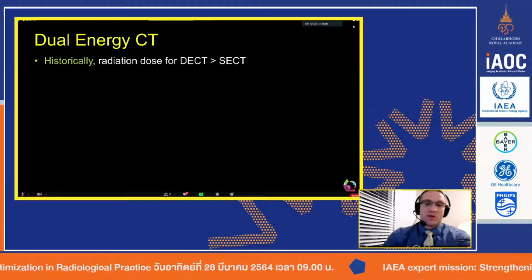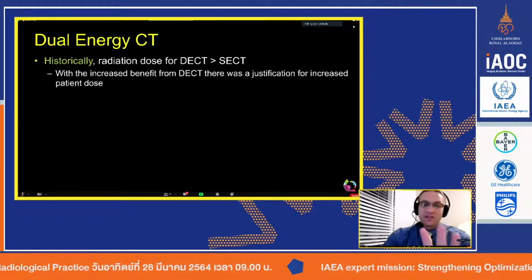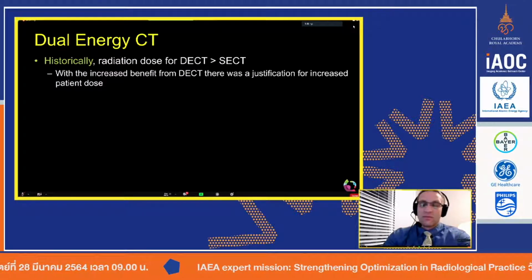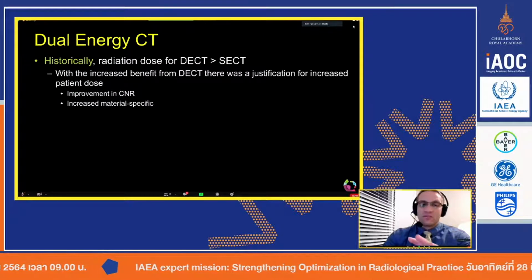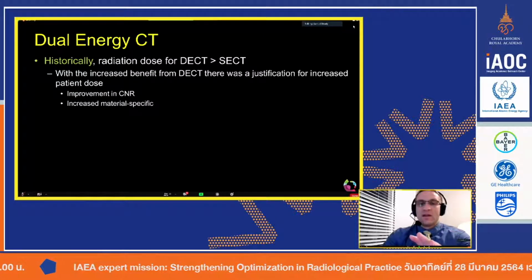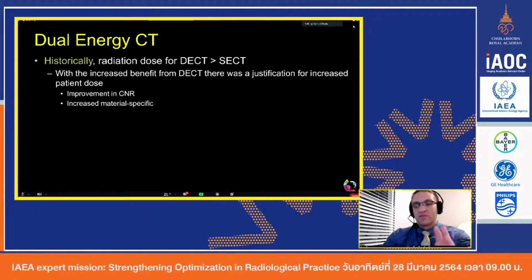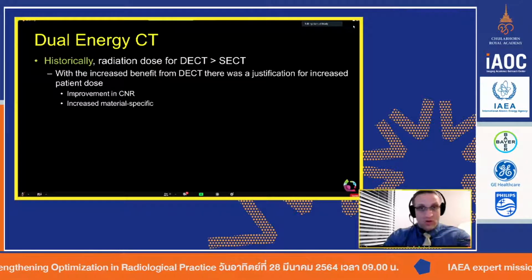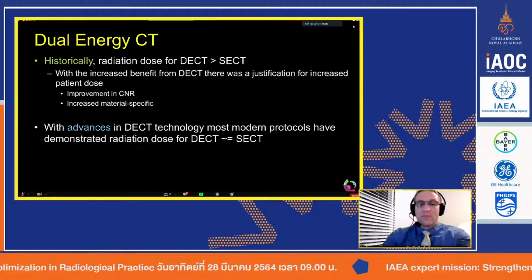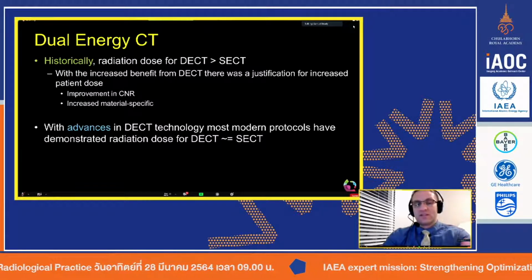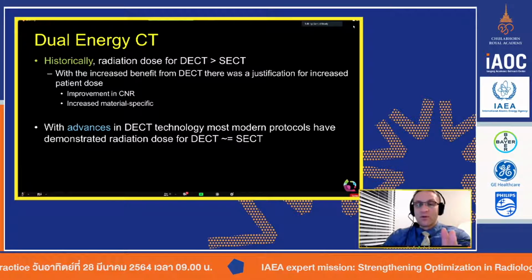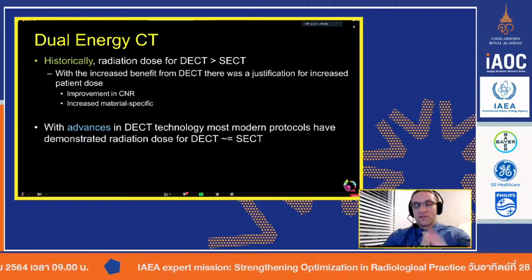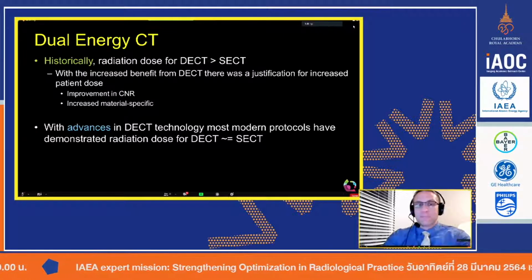For the most part, we said that because there is more information in dual energy, improved CNR, improved material specification, we can justify using higher amounts of radiation in patients just because we're getting more information. Now, with the advances in dual energy CT technology, on the most modern CT scanners the radiation dose output for dual energy is basically the same as single energy.